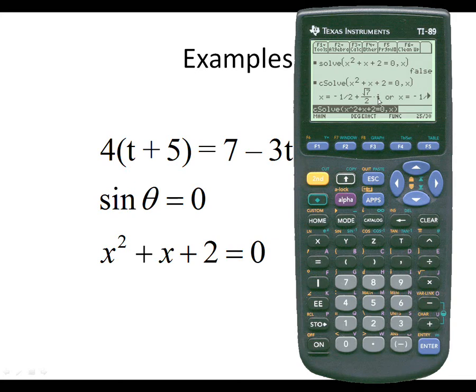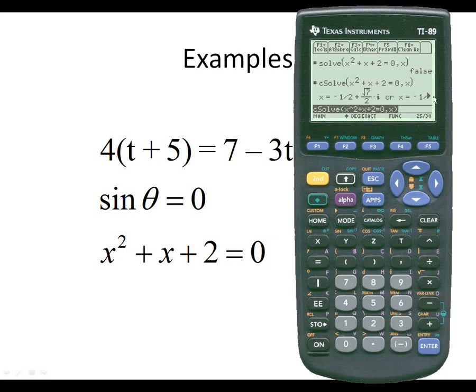remember the little i? That's an imaginary number. Little i is the square root of -1, which is a number that couldn't exist, at least not in the real number system. But in the complex number system, it does exist. I know that's kind of strange, but you do use this in electrical engineering. So here are the complex solutions.